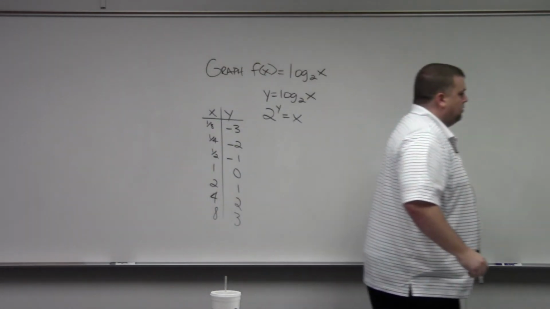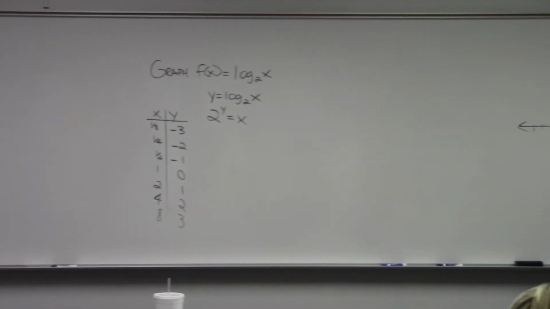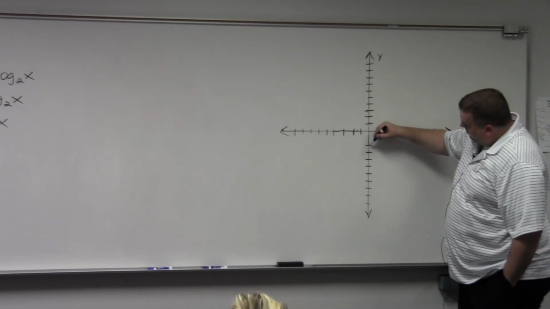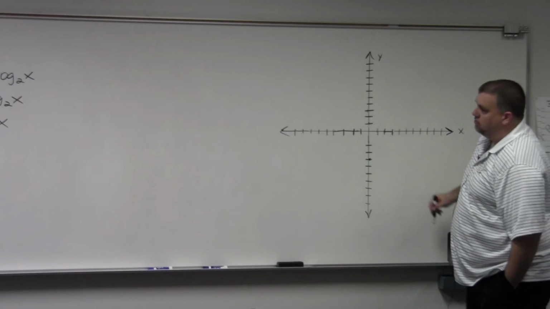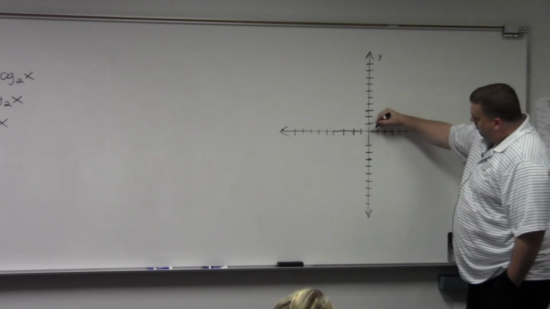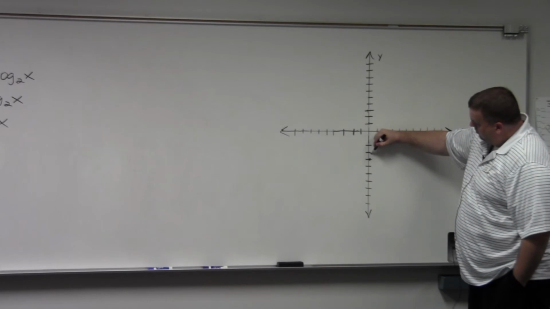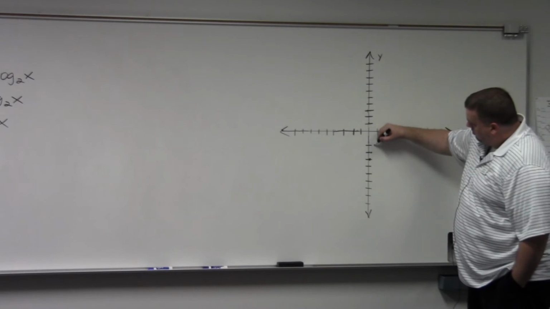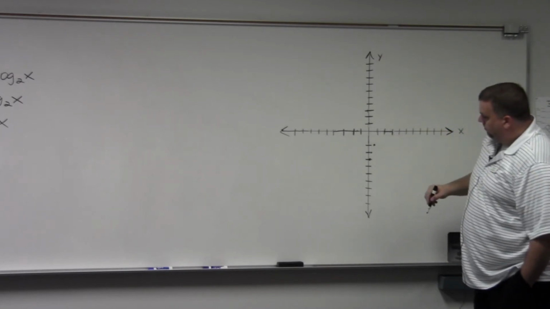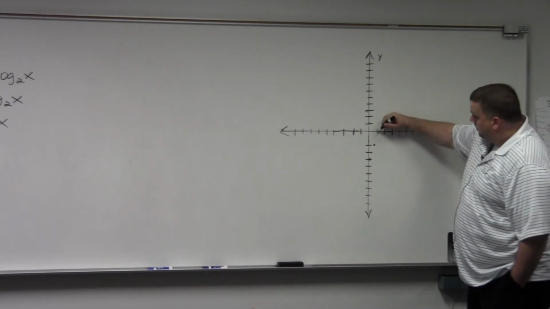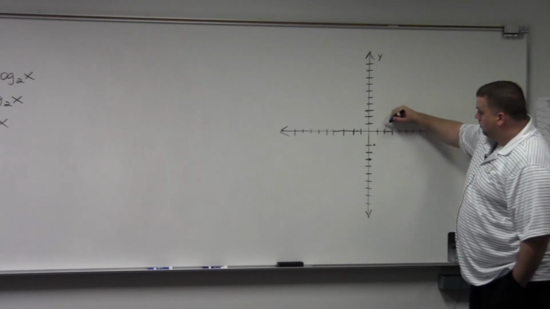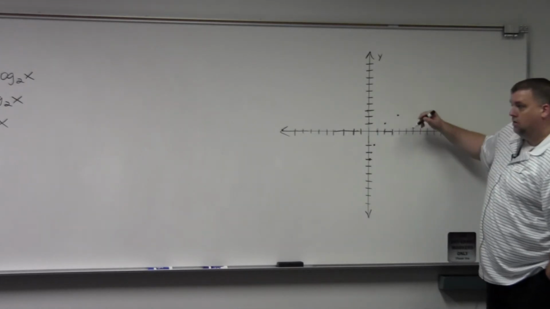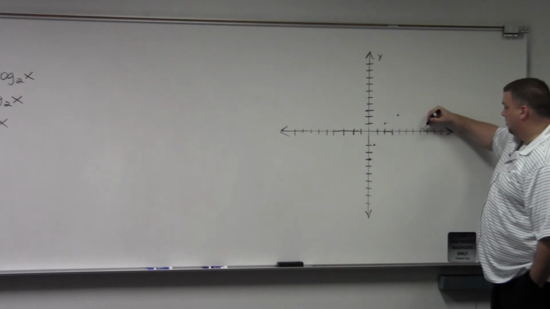So let's move to our graph over here. 1/8, just barely past, and then down 3, right here. 1/4, down 2. 1/2, down 1. 1, 0. 2, 1. 4, 2. 8, 3.